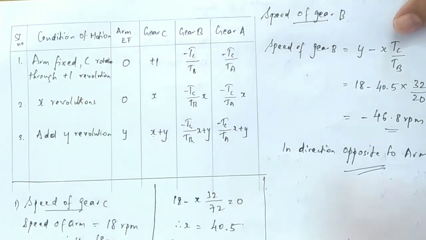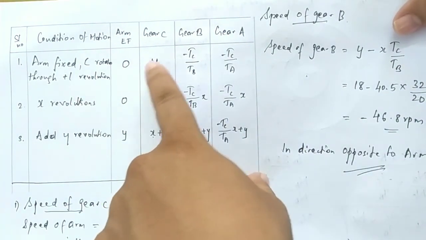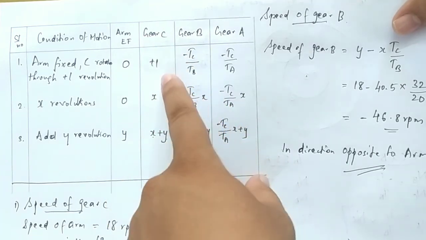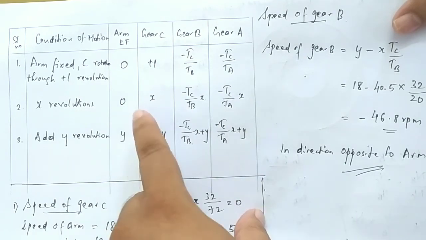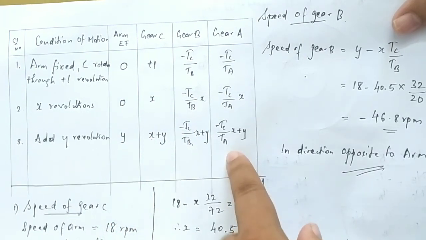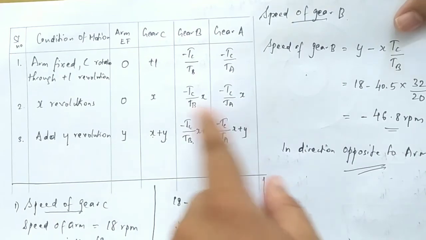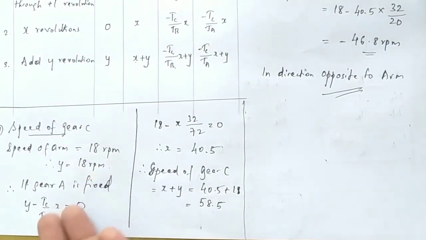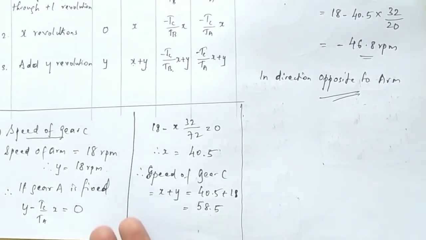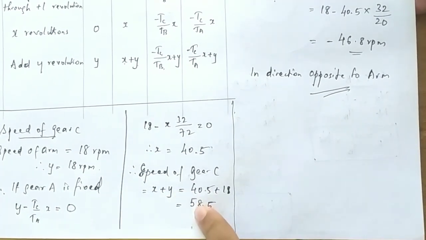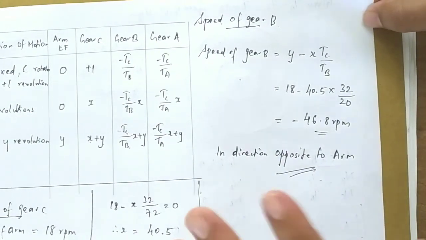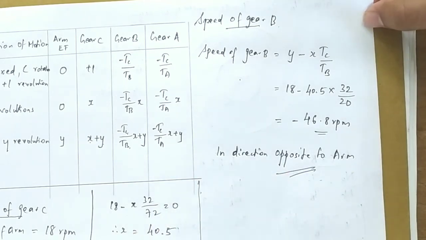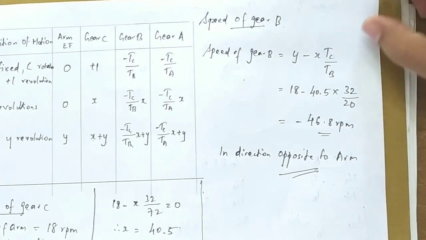First you fix the arm, so it becomes 0, then give +1 rotation to this gear. Then the gear B and gear A we have found previously. Then you multiply by x everywhere, add y, and you get the total motion. Using these conditions, you can get the speed of gear C by putting the arm as 18, which is given in the question, and A is fixed. So you will get the value of x and y. Similarly, you will get the speed of gear B, and the minus sign always shows it is opposite, while the plus sign shows that it is moving in the same direction.